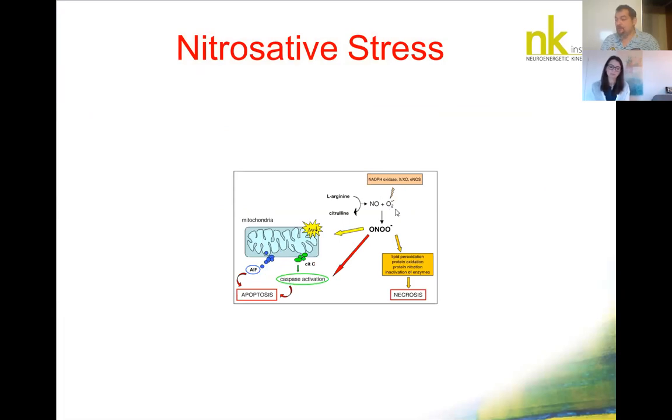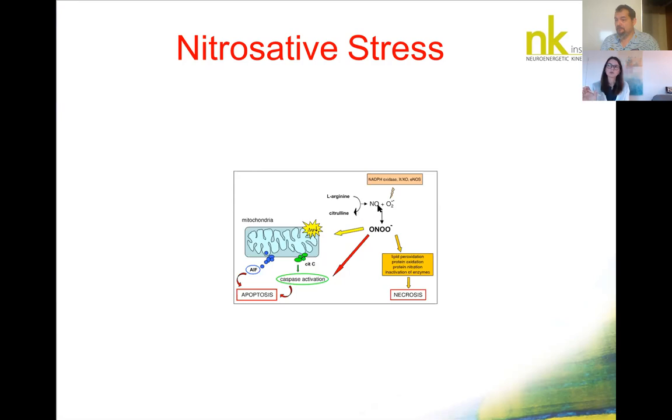So this is the superoxide radical. You can see there it's an O2 with an electron missing. And the nitric oxide is actually made as part of the urea cycle.